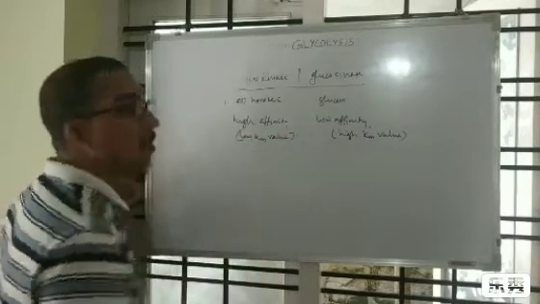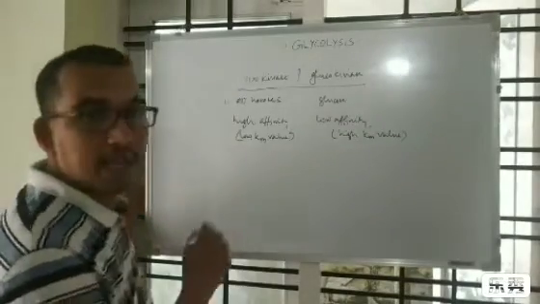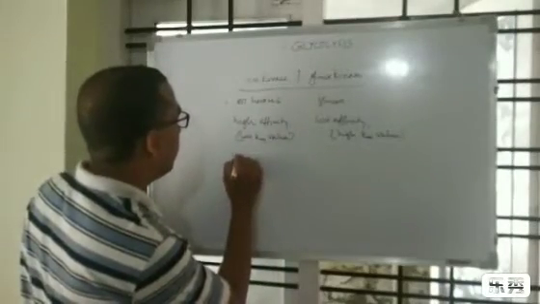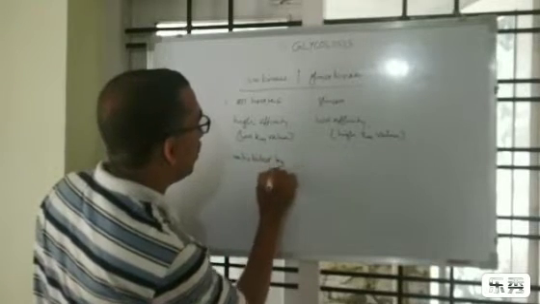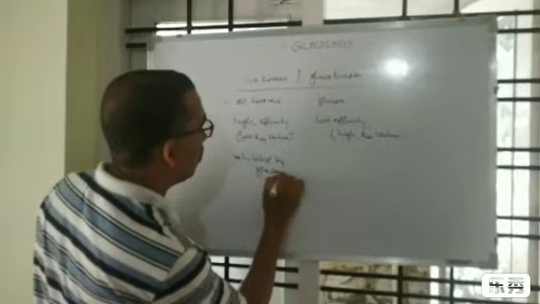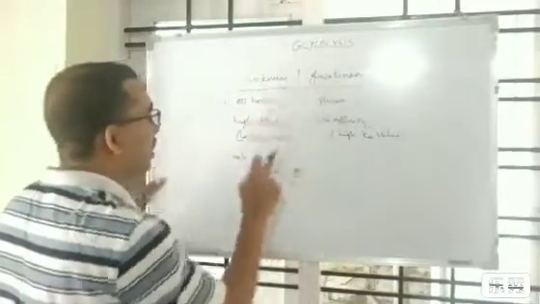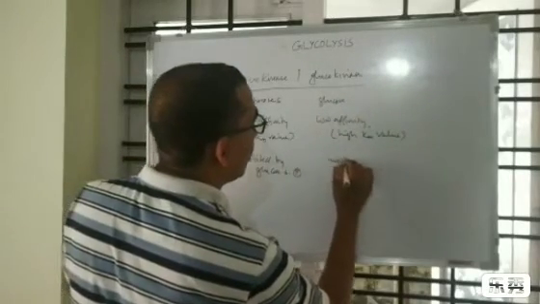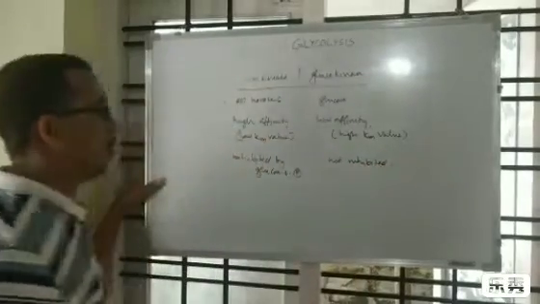Then glucokinase is not inhibited by glucose 6-phosphate, but hexokinase is inhibited by glucose 6-phosphate.